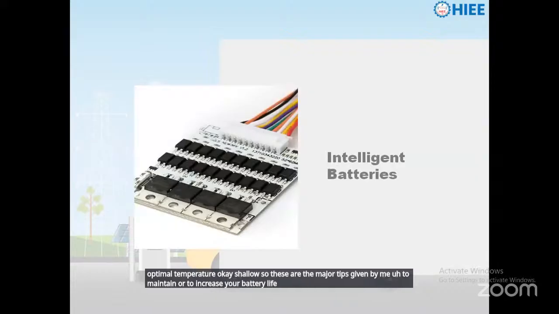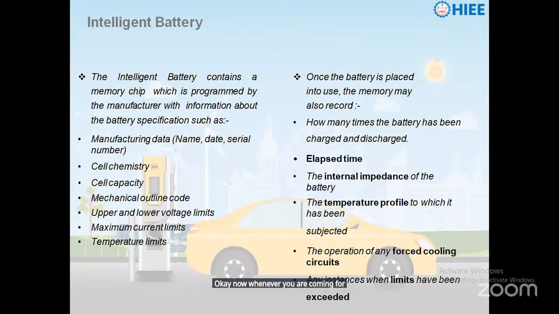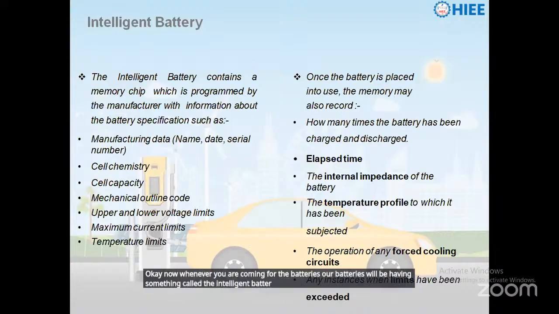Okay, now whenever you are coming to the batteries, we will be having something called intelligent batteries, where the intelligent battery consists of a memory chip which is programmed by a manufacturer with the information about the battery specifications. Here in the battery, we'll be giving the manufacturing data, cell chemistry, cell type, everything.